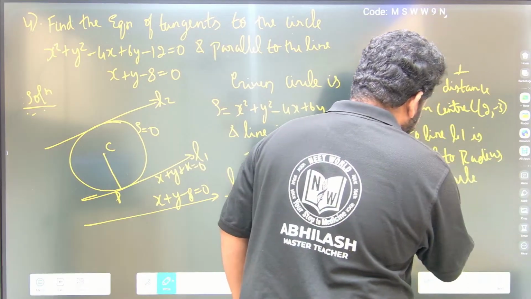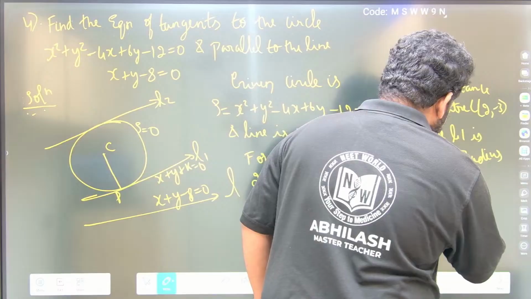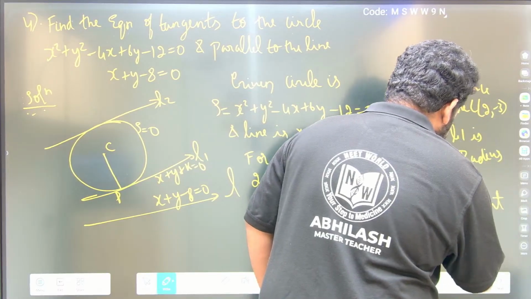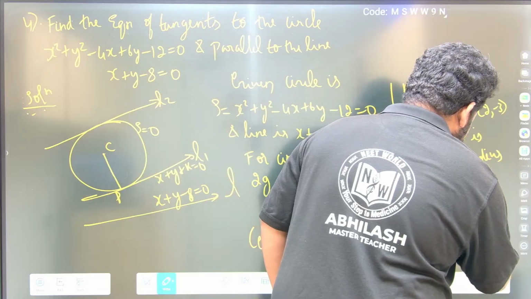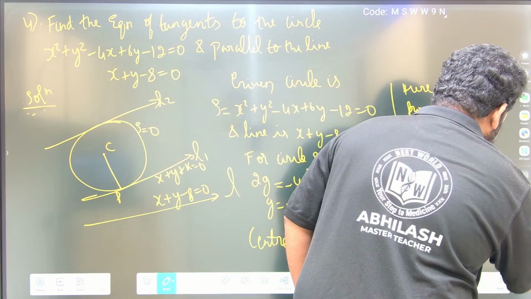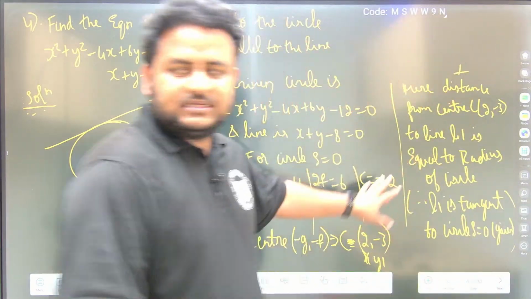Why? The reason is L1 is tangent to circle S1 is equal to 0. It is given, they have only given it. This is the reason. You have to definitely write the reason.